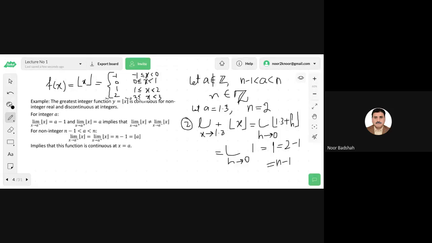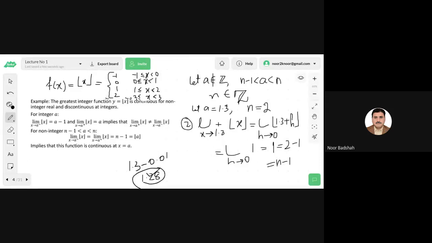So 1.3 minus that quantity, let's suppose we subtract 0.01, becomes 1.28 something. If 1.3 is between 1 and 2, then is 1.28 not also between 1 and 2? So 1.3 minus h is still in the same interval 1 to 2.